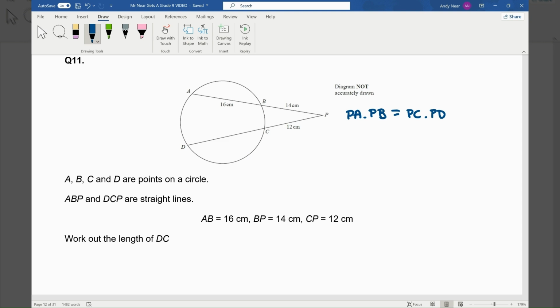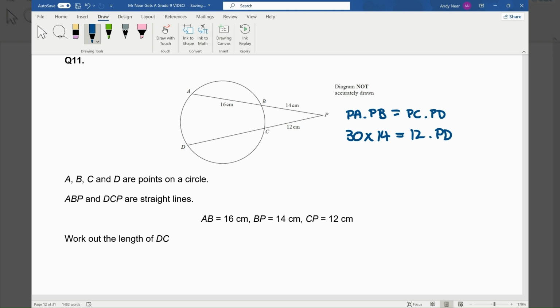PA is not 16, PA is 30. PB is 14, PC is 12, and PD is what we're after, because we're trying to work out DC. So firstly, we're going to have to work out what PD is.